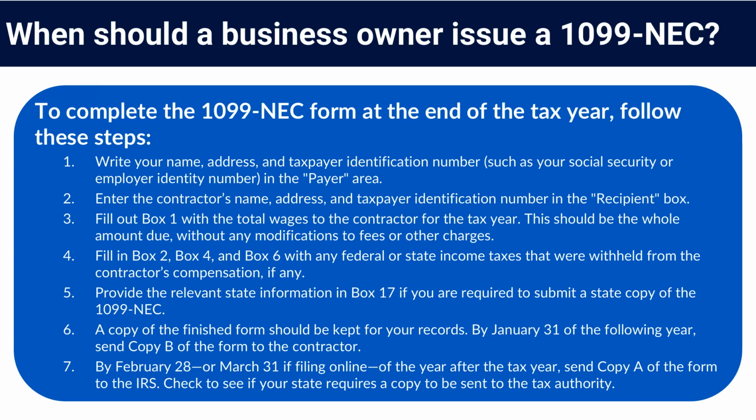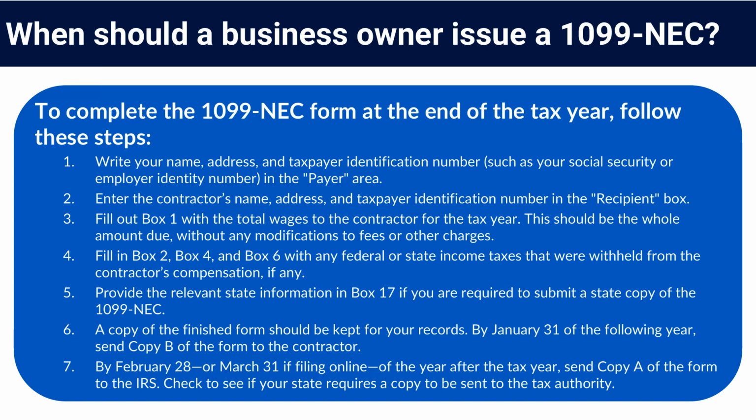Next, fill out box 1 with the total wages paid to the contractor for the tax year. This should be the whole amount due, without any modifications to fees or other charges. Then, fill in box 2, box 4, and box 6 with any federal or state income taxes that were withheld from the contractor's compensation, if any.